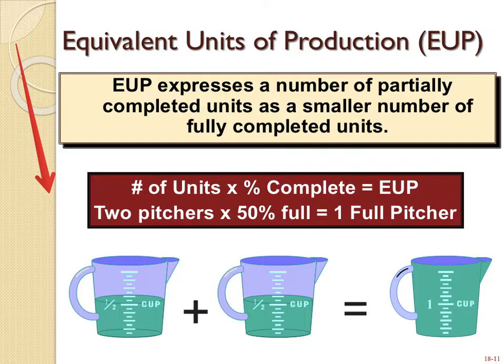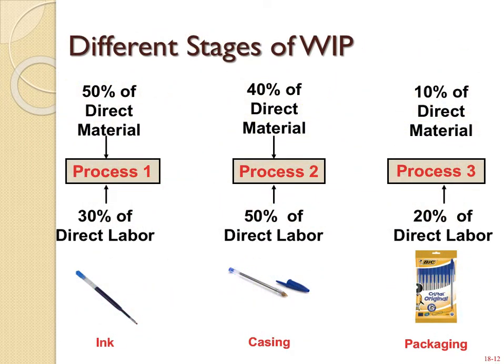Now, it does get a little more complex than this, and here's the reason why. As goods go through the production process, right, each of the different departments in the process, right, the ink department, the casing department, and the packaging department, the materials and labor go in at different rates, okay?